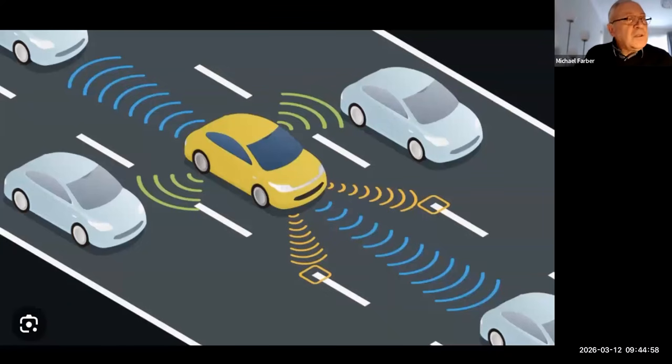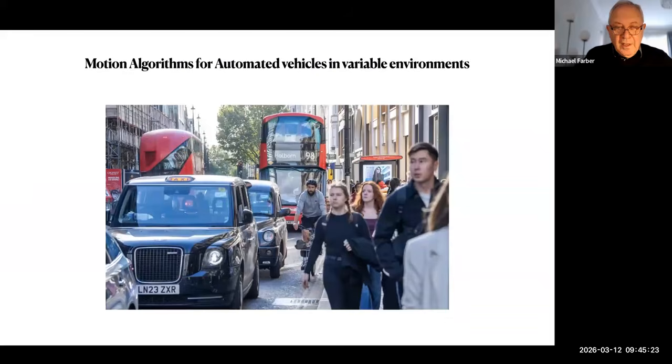This situation is inspired by the situation shown in this picture. We have a self-driving car, and it senses many other cars around, and it needs to move, avoiding collisions with other vehicles.